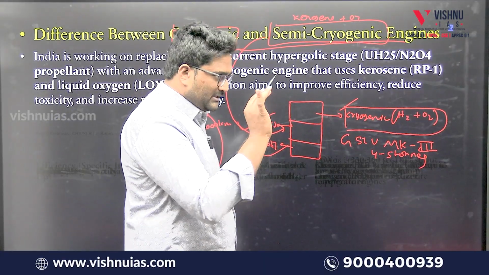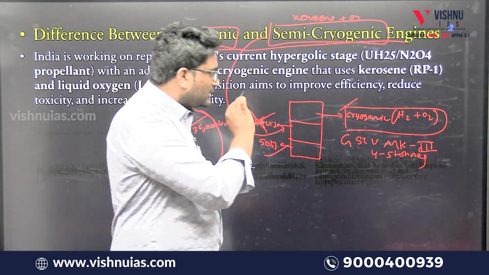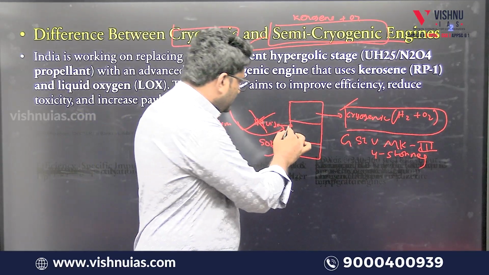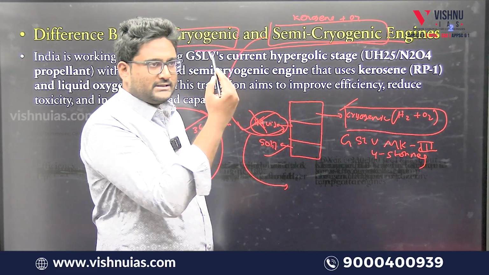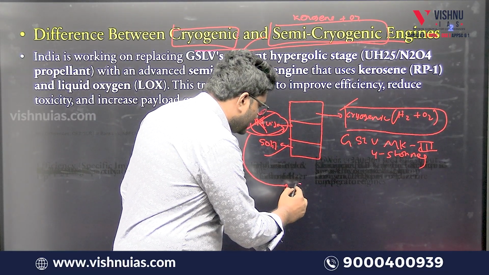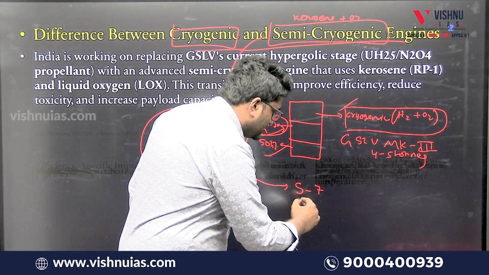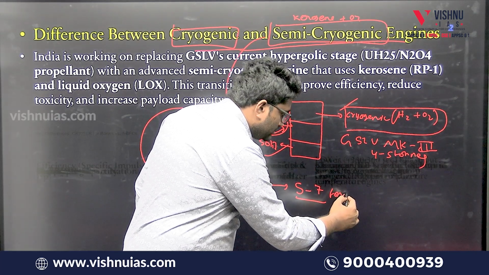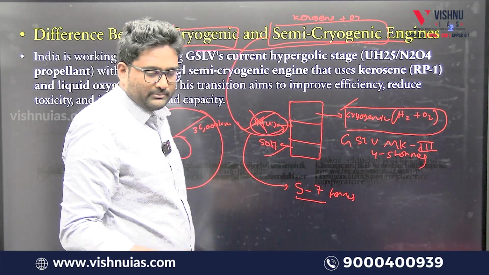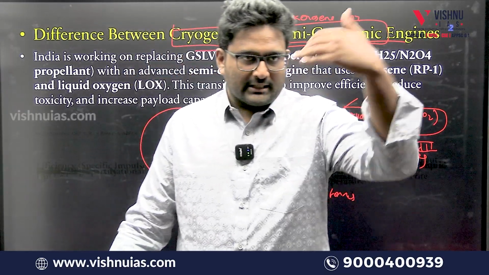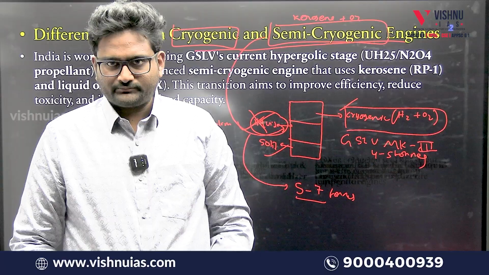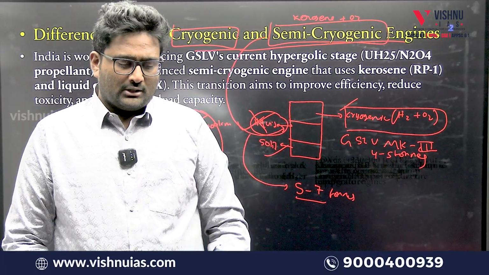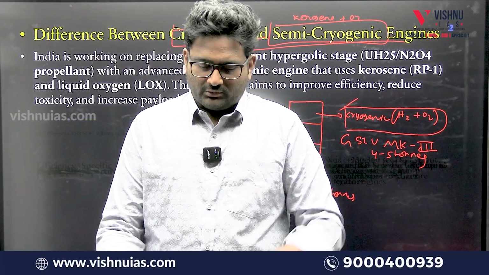So it is believed that once we integrate the semi-cryogenic stage in place of the liquid stage, the power of the rocket will increase such that it can take 5 to 7 tons to geostationary orbit. Up to now it is 4 to 5 tons. It can take up to 5 to 6 or even 7 tons in some cases to GTO.